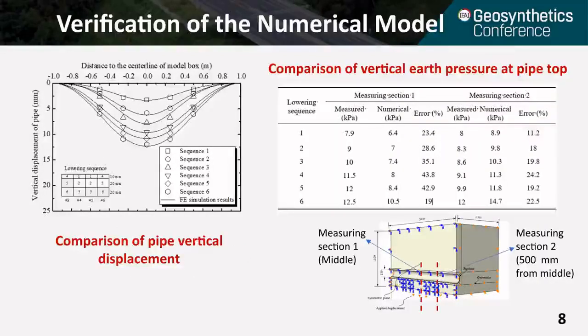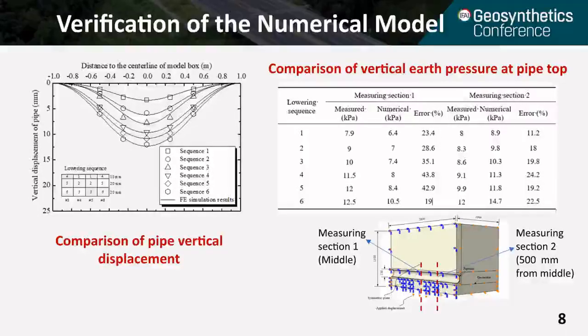Before we do the numerical modeling for this research, we have to verify that the numerical modeling procedure we use in this study is effective. So we compare the numerical results with the measured results in the lab. The left figure shows the comparison of the pipe vertical displacement in both the model test and the numerical modeling.